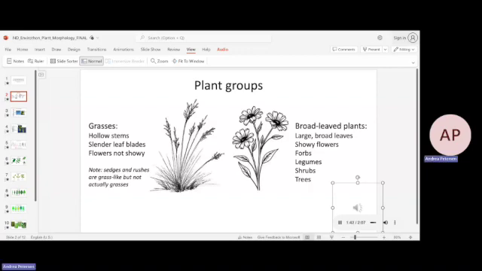When you think of flowers, you probably picture the flowers of broadleaf plants. Broadleaf plants include many specific groups of plants like forbs or the wildflowers, legumes, shrubs, and trees. So, the first thing to ask yourself when identifying a plant is, is it a grass or a broad-leaved plant?